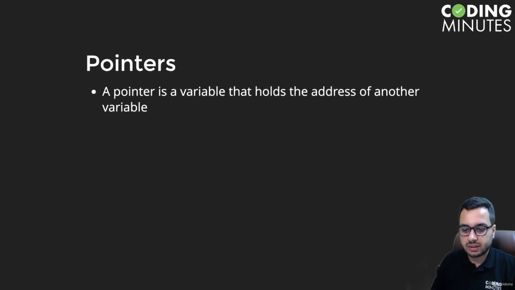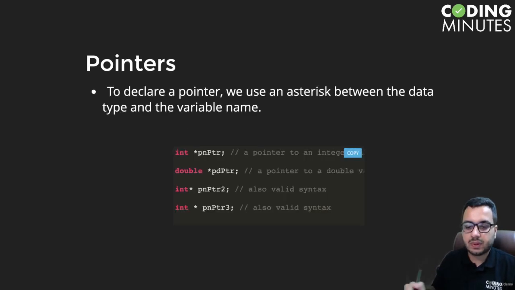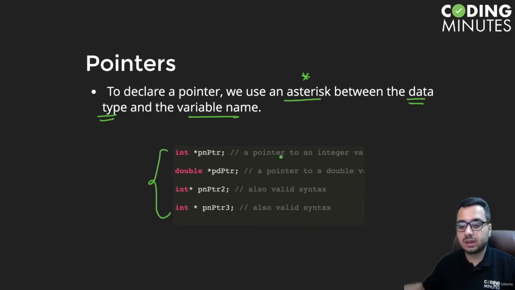So what we have just seen, to declare a pointer we can use an asterisk, that is a star, between the data type and the variable name. Here are a few examples that show how you can create a pointer. This is an integer pointer, this is a double pointer, this is an integer pointer, this is also an integer pointer.